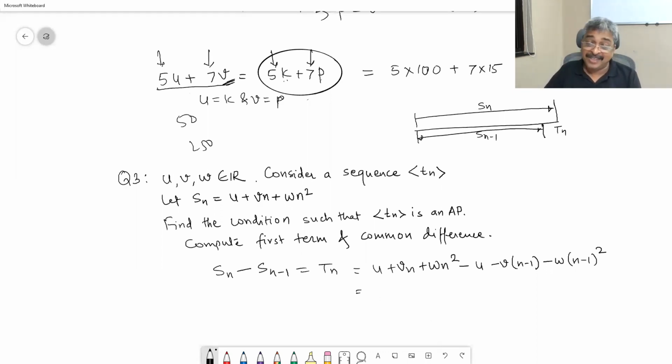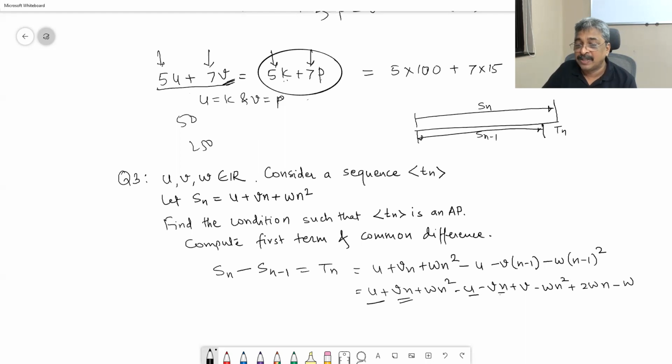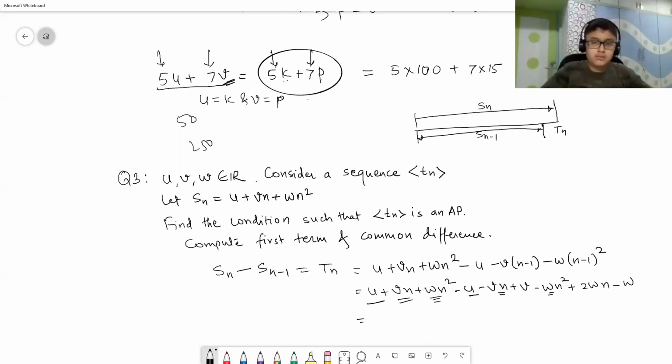I keep on thinking, U plus Vn plus Wn square minus U minus Vn plus V minus Wn square plus 2Wn minus W. U gone, Vn gone. And what is remaining now? Wn square gone.